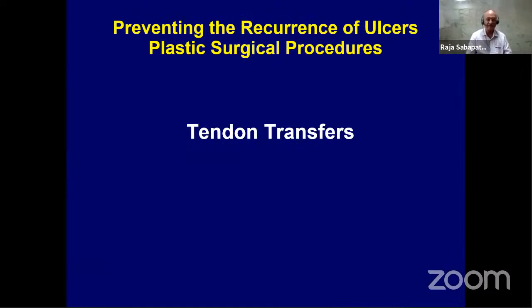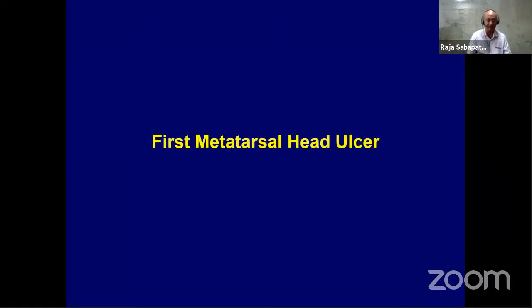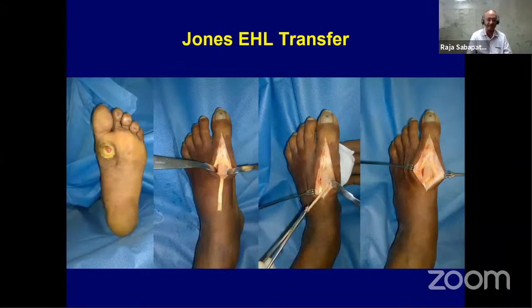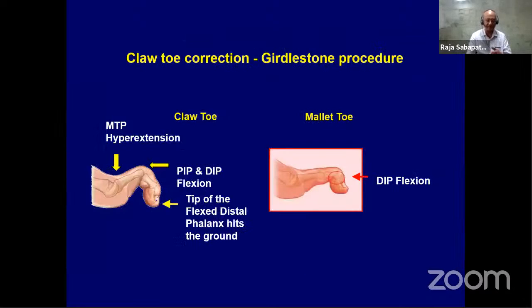So the other thing where we do plastic surgery procedures is tendon transfers for altered biomechanics. You find a first metatarsal head ulcer. If it is a second metatarsal, you can take off the metatarsal, but then you can't take the first metatarsal. So here you do a tendon transfer for them. And you have claw toes and mallet toes.